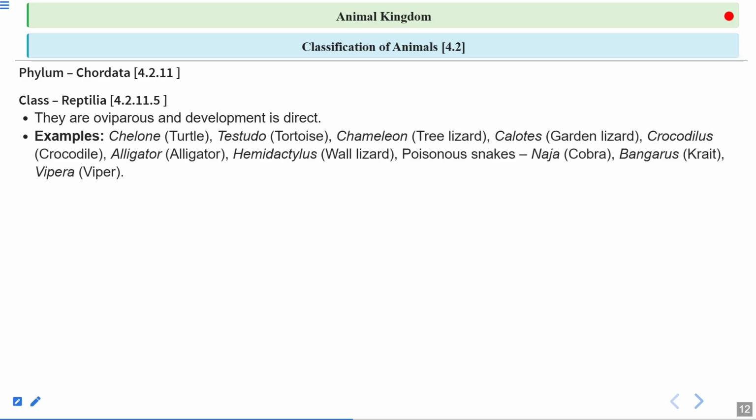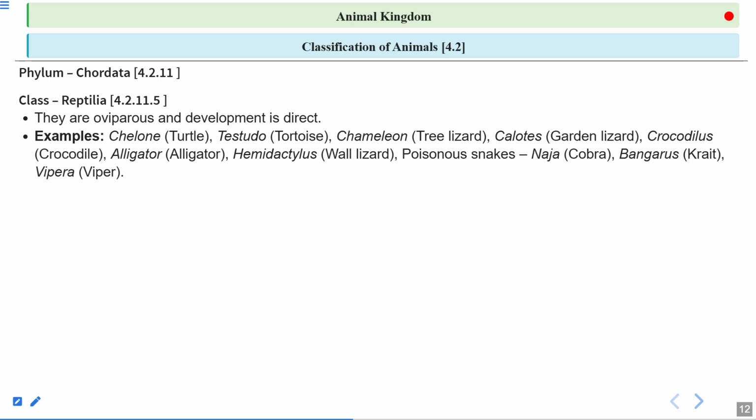Now here we have some examples. Examples are very, very important, right? Chelone, that is the turtle. Testudo, tortoise. Now the difference between the turtle and tortoise. If you see the forelimbs and the hind limbs, what do you see?